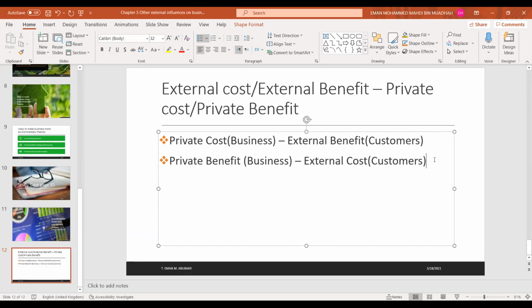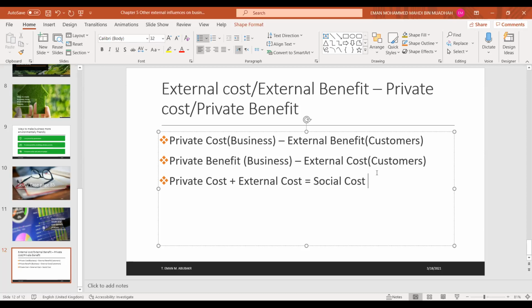we have something called, now we have this private cost. So when private cost is added to the external cost, the cost of all external cost, we result with something called social cost.